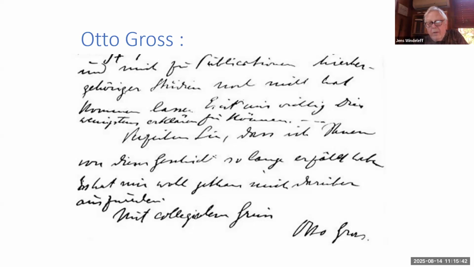Gross ended his life on the streets of Berlin. He died very young, but he worked together with Jung on typology. In fact, the first concept of extroversion is due to Otto Gross. So maybe he is extroverted.